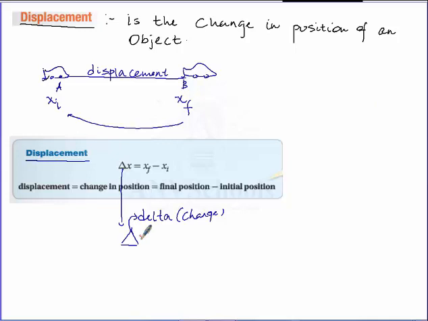So the change in position, delta x, is defined as the final position, xf, minus the initial position, xi. That's how we define the displacement of the object.